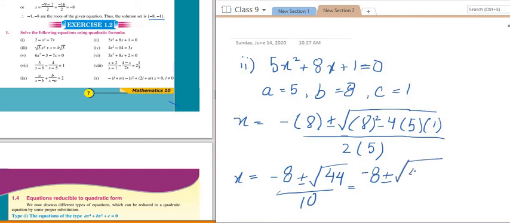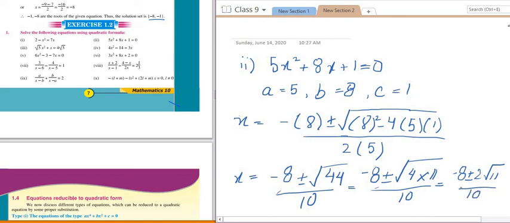We can write it as 4 multiplied by 11, and we can write it as minus 8 plus minus 2 square root 11 divided by 10. Take 2 common from the numerator, we get x equals minus 4 plus minus square root 11 by 5. This is the solution set. Clear?